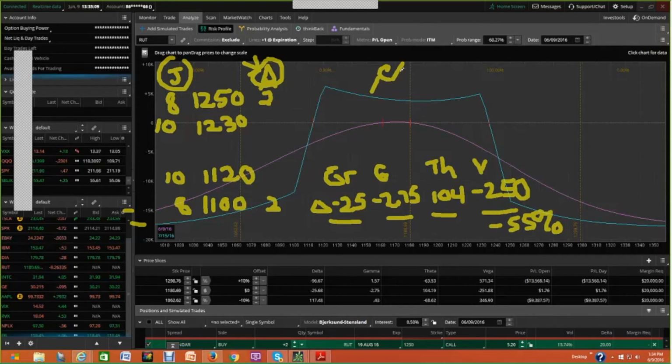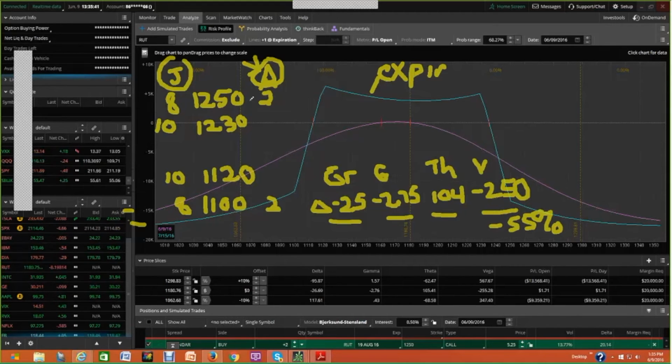All right. So any question before we talk about how we might put this on, right? Why do you think the margin went up a little bit? Does anybody know? Why did the margin go up a couple $1,000, which would be about 10%? Here's the answer.